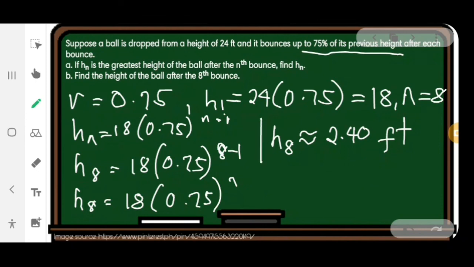That means the greatest height of the ball after the 8th bounce is approximately 2.4 feet. Why is it approximately? Because we already rounded off the answer.